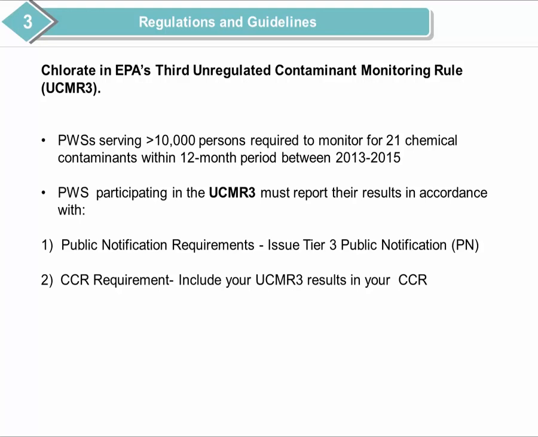To bring awareness to the public about chlorate in their drinking water, the public water systems participating in the UCMR3 must report the results by public notification and include the results in the Consumer Confidence Report.